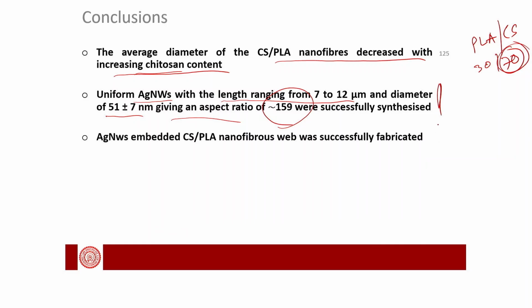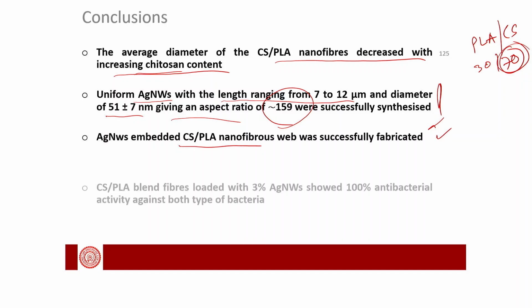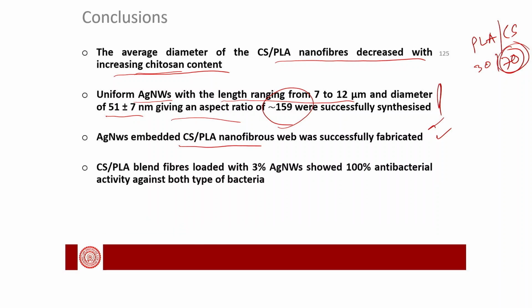In the next stage we were able to embed this nanowire within the chitosan PLA nanofiber, and we found that 3% loading shows 100% antibacterial activity for both types of bacteria.